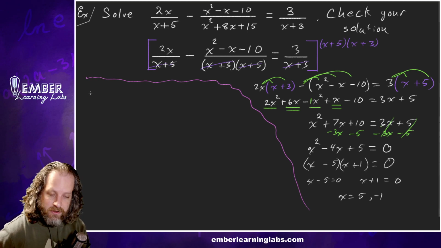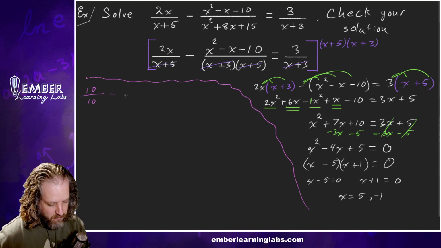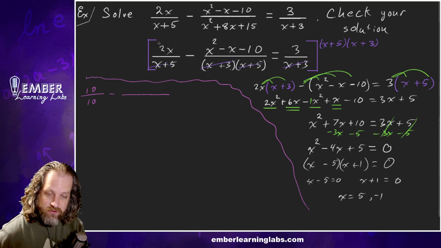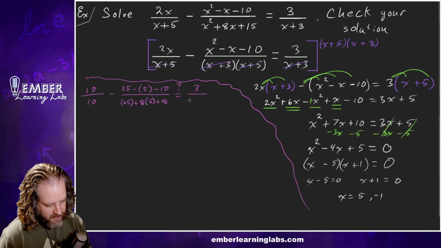All right, so we've got 2 times 5 would be 10 over 5 plus 5 is 10 minus 5 squared is 25 minus 5 minus 10 over 5 squared is 25 plus 8 times 5 plus 15. Does that equal 3 over x? No. 5 plus 3.